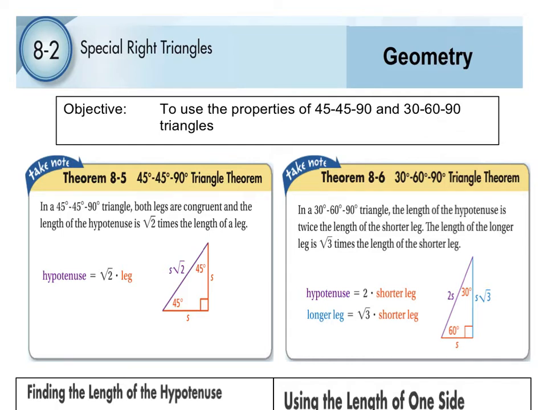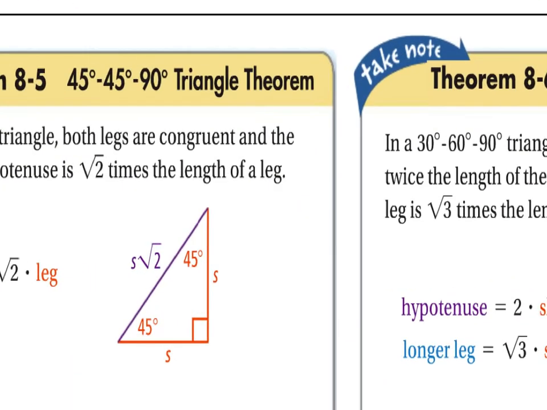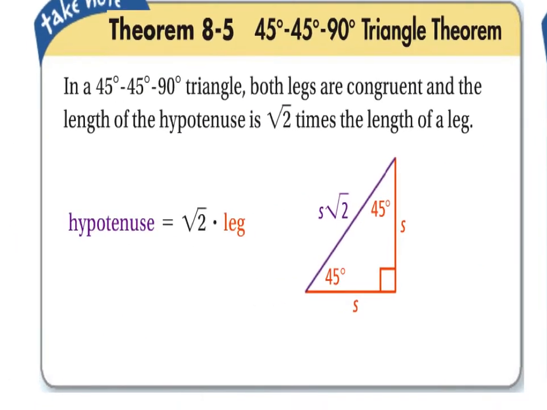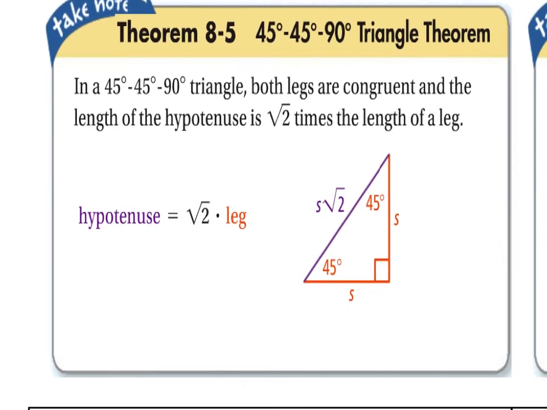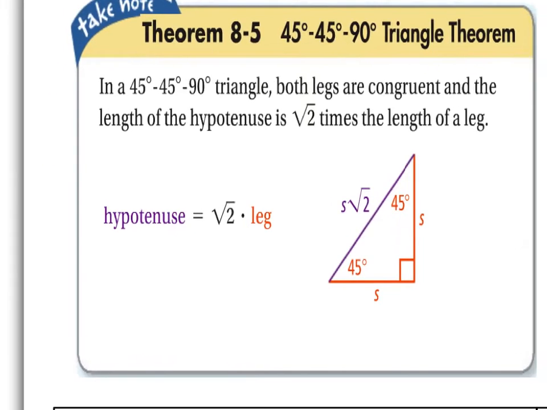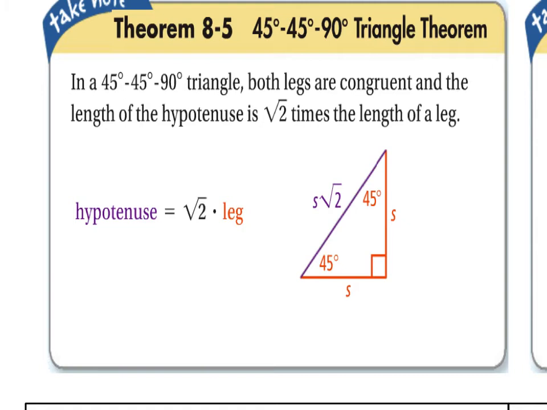Okay, so let's first talk about the 45-45-90 triangle. As we talk about the 45-45-90 triangle, both legs are congruent, and the length of the hypotenuse is square root of 2 times the length of the leg. Now, let's talk about this kind of triangle first. 45-45-90.